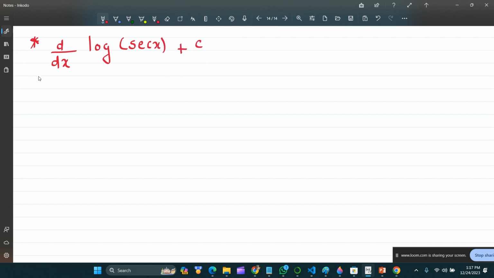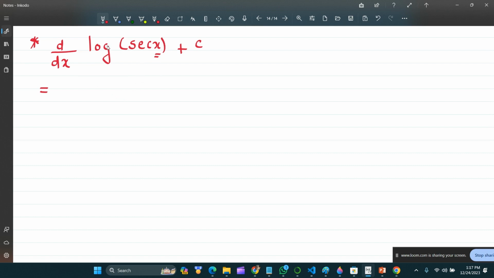Plus c means constant. This is a composite function. A composite function means a function which contains two functions and one x. There are two functions, log and sec, but there is only one x. Therefore, this is a composite function.